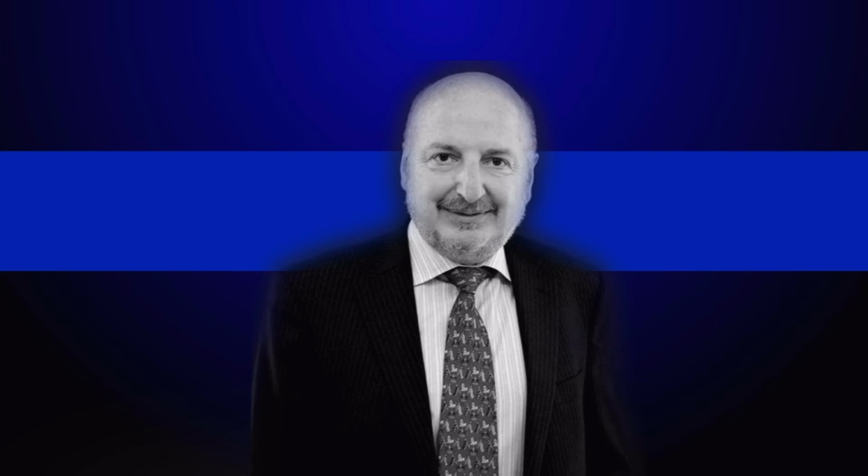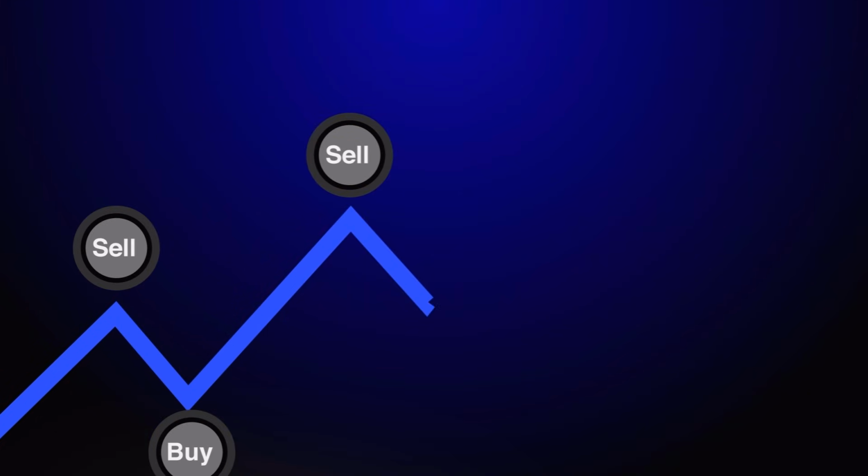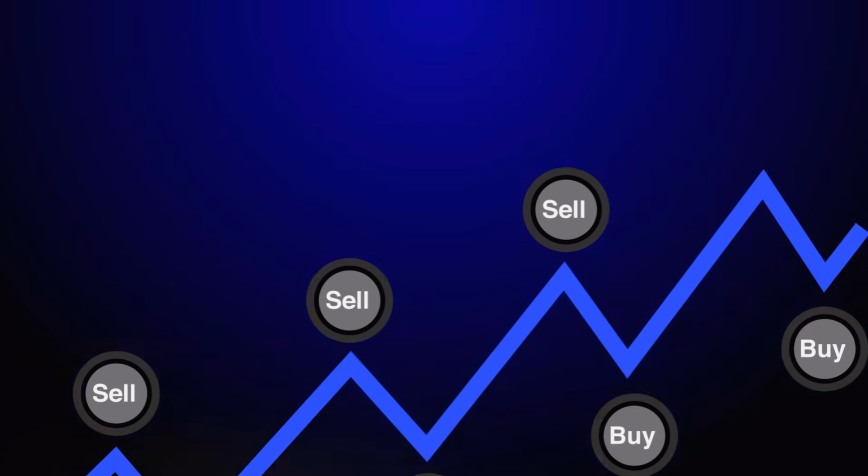The Bears Bulls Impulse was developed by Dr. Alexander Elder with a very simple but powerful idea in mind. Instead of guessing trends or reacting to price alone, he wanted to measure pressure, real pressure, buying pressure against selling pressure.